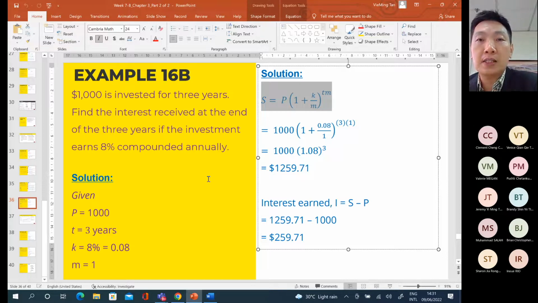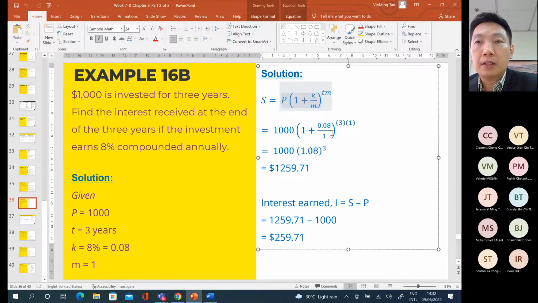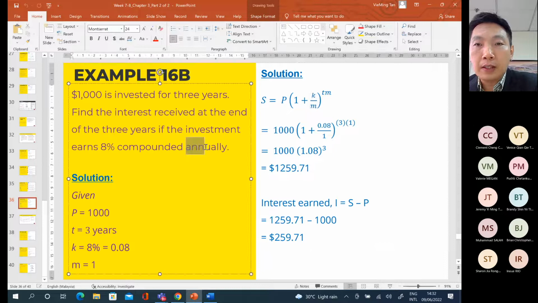So let us try using the same case study and identify the accumulated amount at the end of 3 years first, by using this formula. P is 1,000, K is the 8% compound interest rate, and M is referred to this one. Annually, M is equal to 1 in this question.